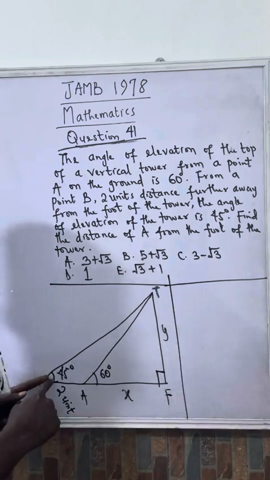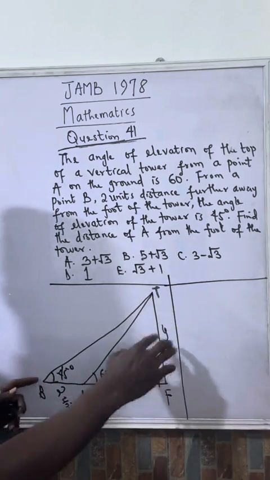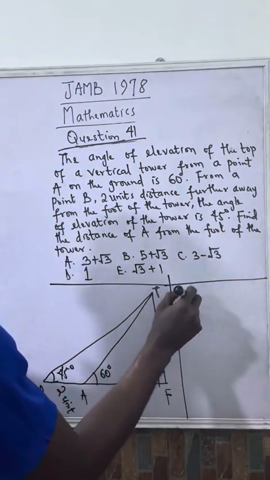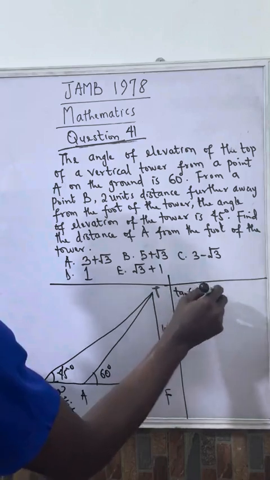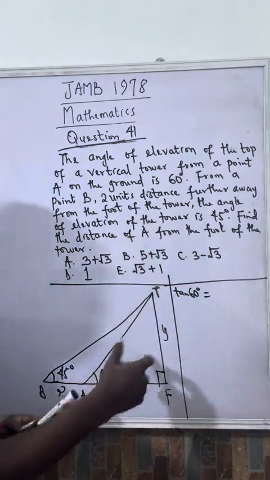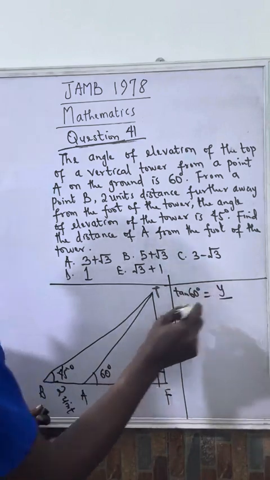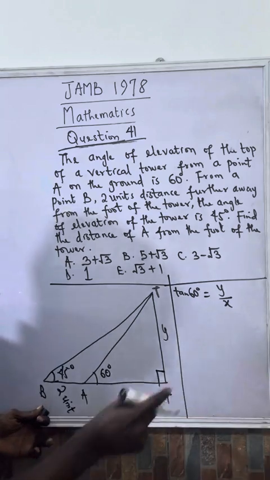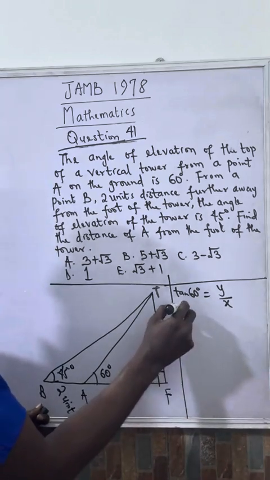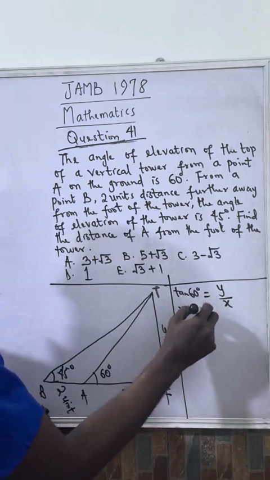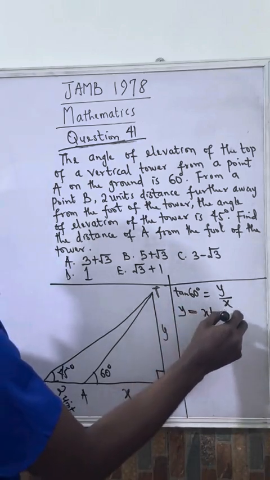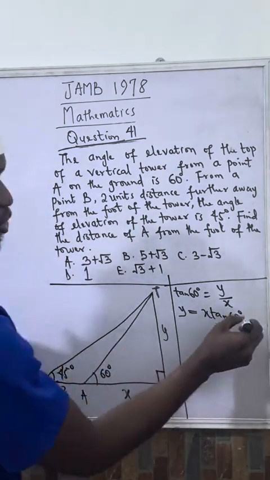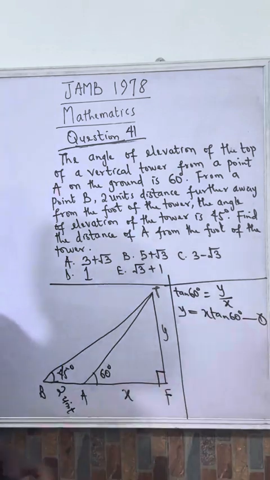And if I take tan 45, that will also be opposite over adjacent. Let's take tan 60 first. Tan 60 degrees will be opposite, which is Y, over adjacent, which is X. Let me make Y the subject of the formula. That means Y will be equal to X tan 60 degrees. Let's keep this as equation 1.